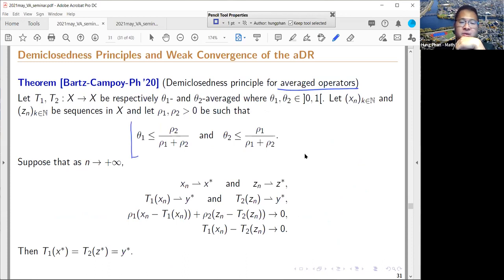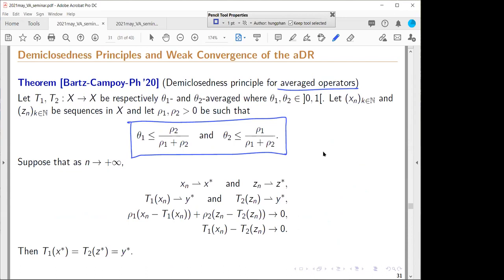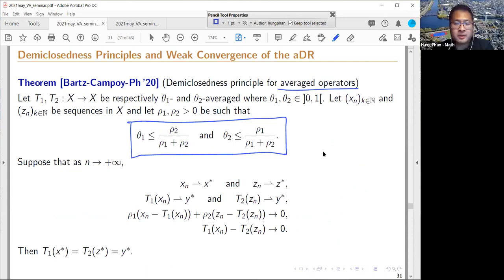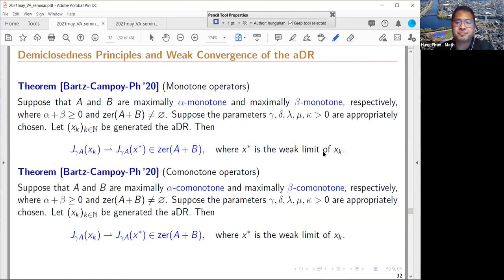And then we also need some balance condition here for these two operators. And it is pretty expected that we worked this out, even though the details are a little bit different from the previous result. And using these two demiclosedness principles, we prove the convergence for the shadow sequence.